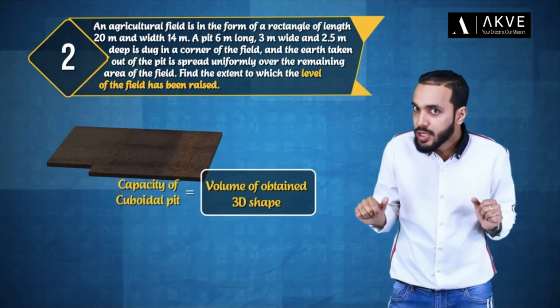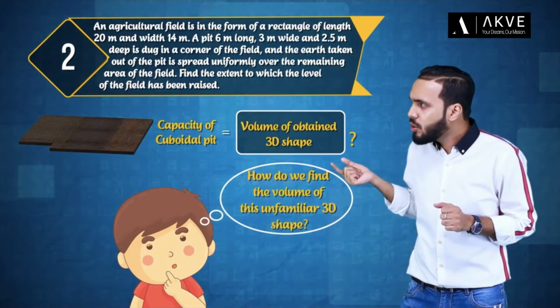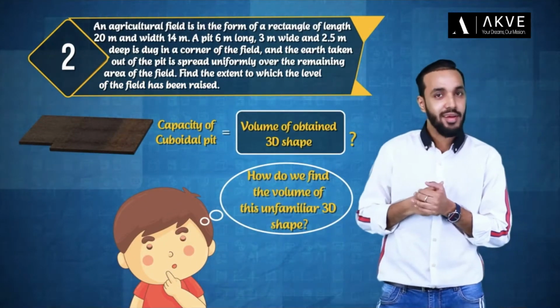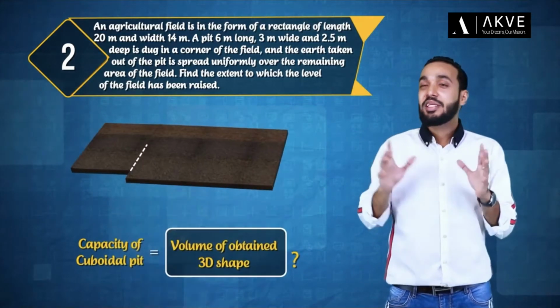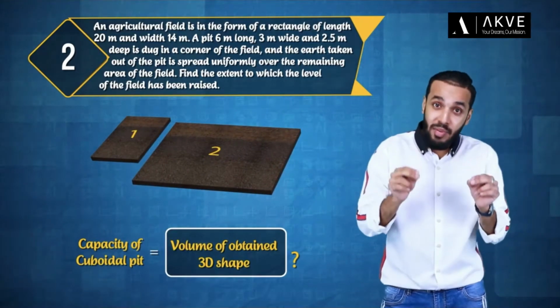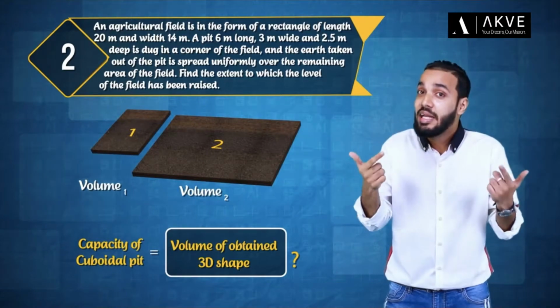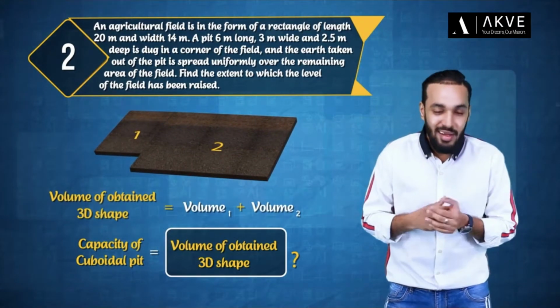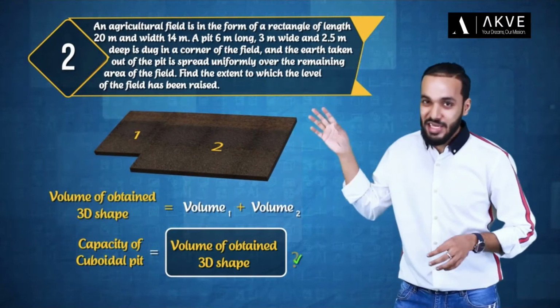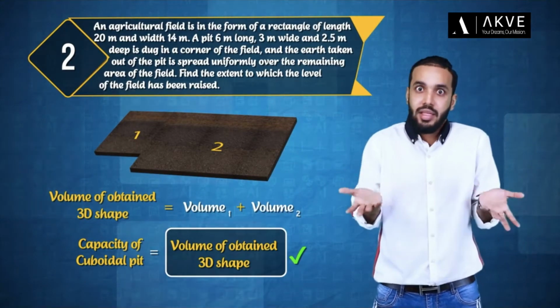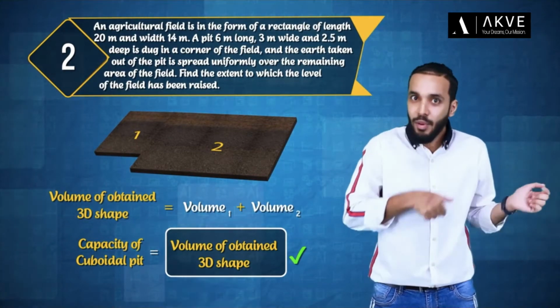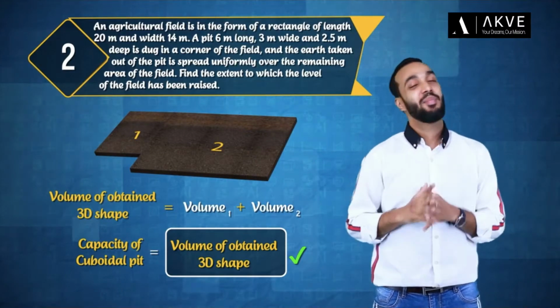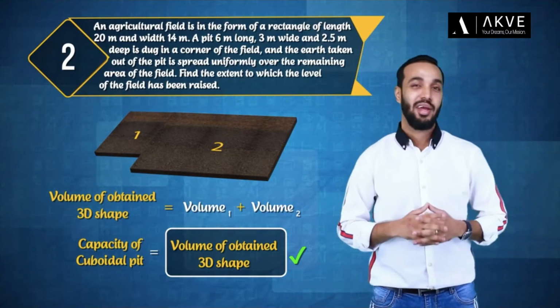The next logical question: how do we find the volume of such an unfamiliar 3D shape? Isn't it obvious? We just break it into familiar shapes, calculate their individual volumes, and add them all up. See, the question is practically solved. But that doesn't mean the calculations aren't important. They are just as important, so let's begin right away.